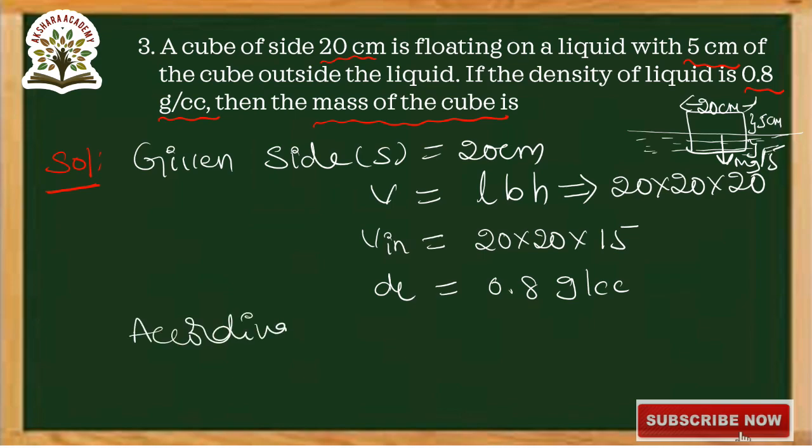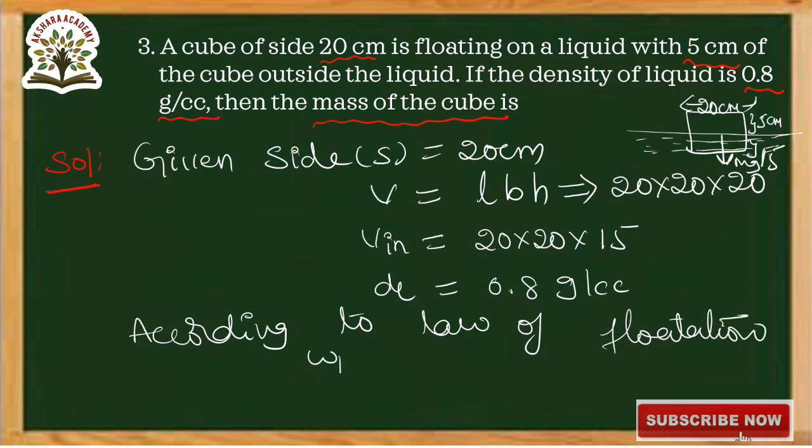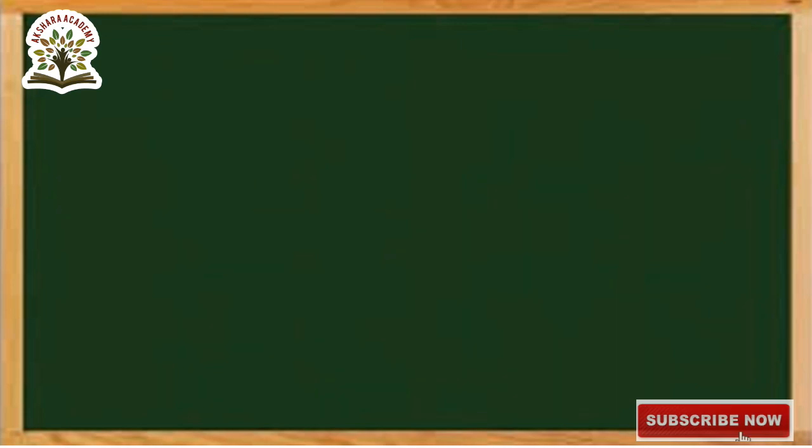Next, according to the law of flotation, the weight of the body is equal to the weight of the liquid displaced. Weight is nothing but mg. Mg of body is equal to mg of liquid. Here g gets cancelled, so Mb is equal to Ml.